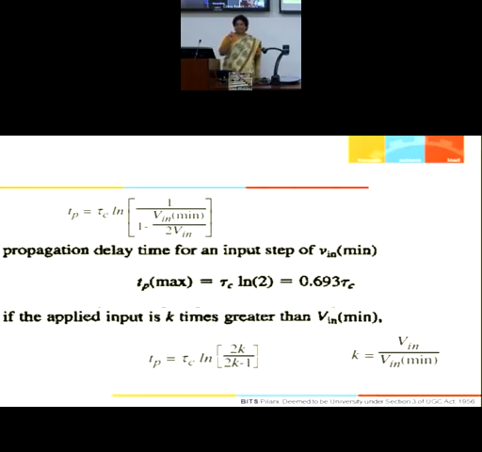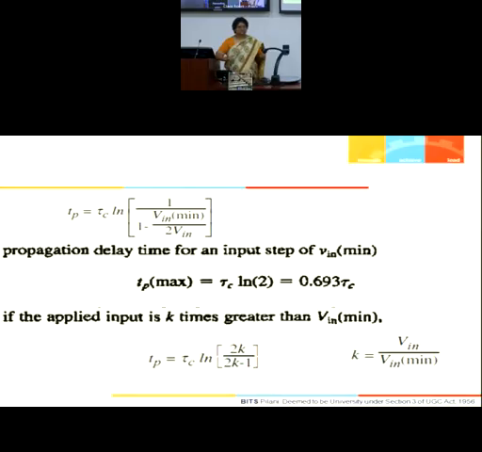This relation looks familiar to me. 0.69 RC, remember? It is the relation we have been using in digital VLSI for computing the delays when the input is a step input.